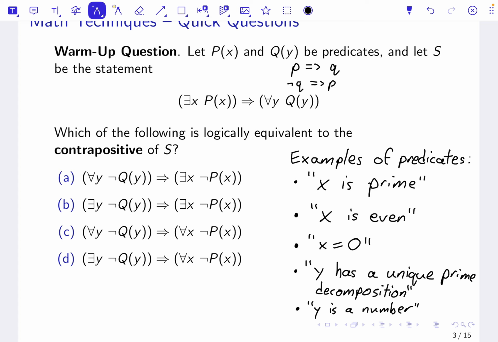Well, we have, for starters, for all x, P of x is true. If you wanted to convince me that this is false, what would you be telling me? There is not a single x, not ever, you'll never find one, that makes P of x true.